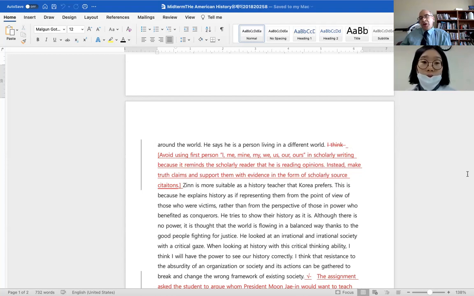What kind of label or name would you give to Flynn's theoretical lens or theoretical framework? What name would you give to Flynn's theoretical framework? I think I told you in class what it would be. It's called American exceptionalism.